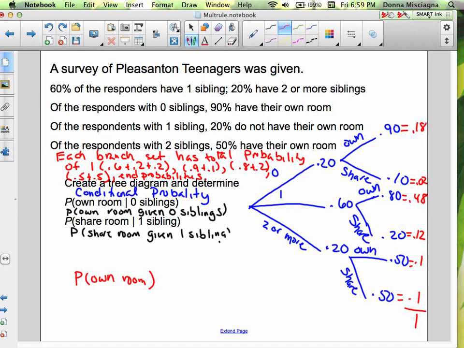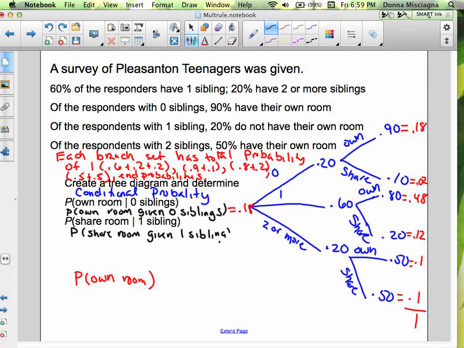So we start down the branch with 0 siblings. Your own room, given that you have 0 siblings, we just follow and multiply the 0.2 times the 0.9, which we have already done because we found all of them. So that's 0.18. That given is going to tell you which branch to go down anytime you're dealing with a probability tree.